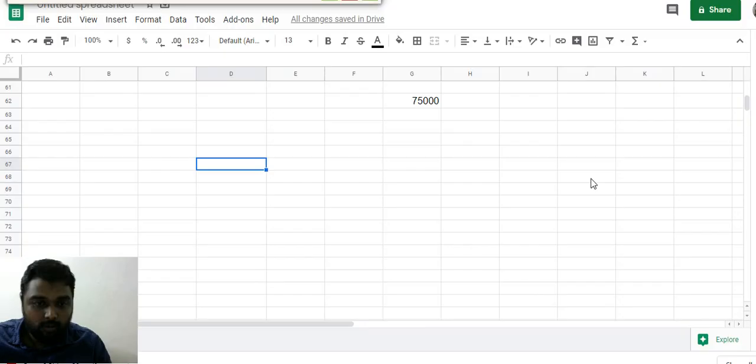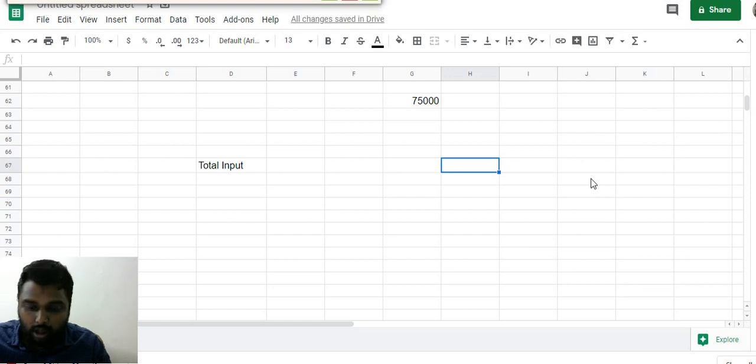What is the total input? Total input is 1000 units.